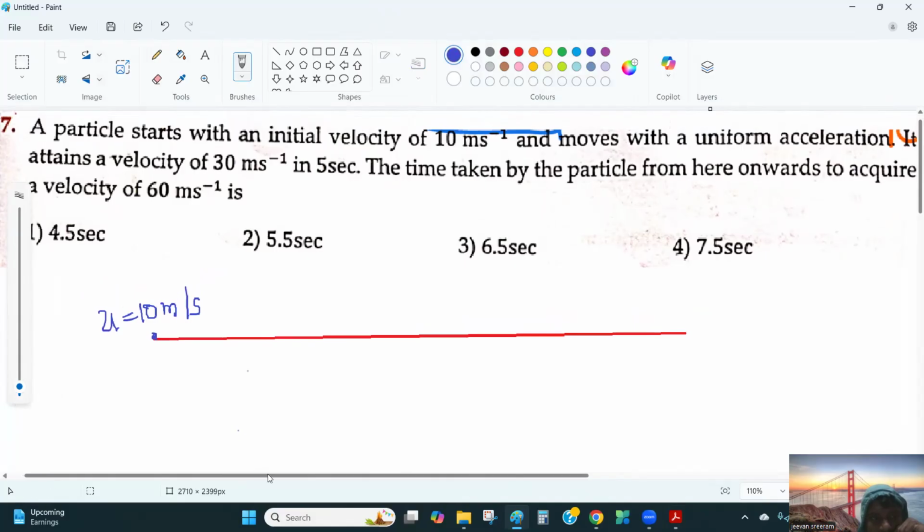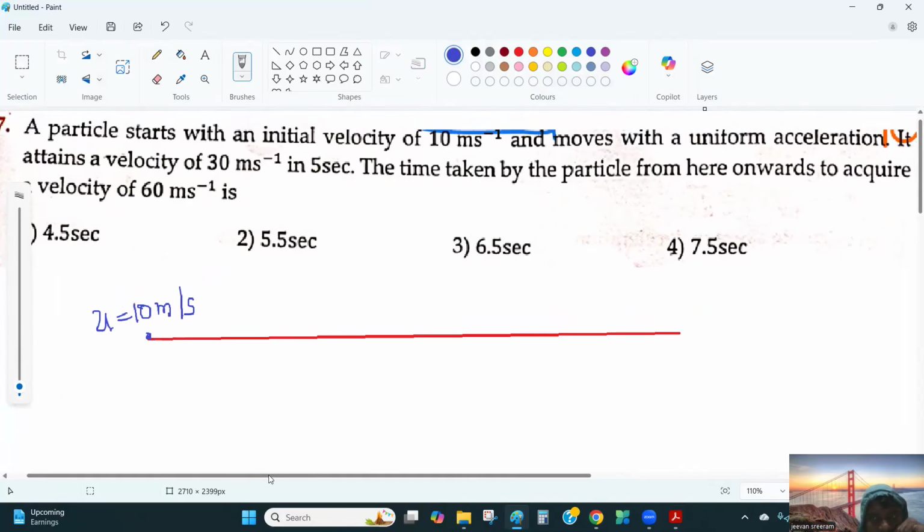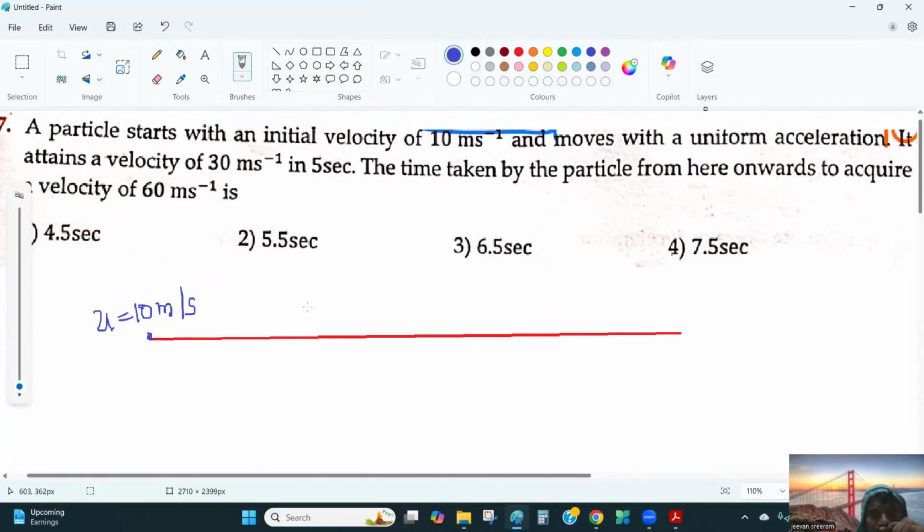Page number 113, this is the seventh question. And then it moves with uniform acceleration. Okay, it was clearly given that throughout its motion there's uniform acceleration. After some time, it is actually getting, okay, 30 meter per second.